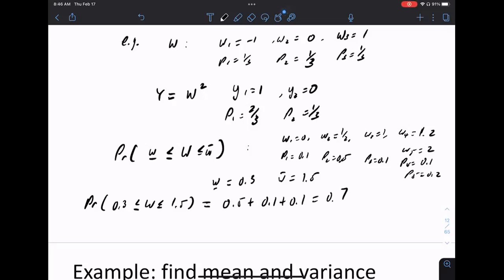So this is the probability of your value landing in this range. This is not in the range. This is not in the range. Everything else is. Sum the probabilities and you get this value. So these are two things: one is computing the probability over an interval, another is computing the function of a random variable, which we'll do a lot.